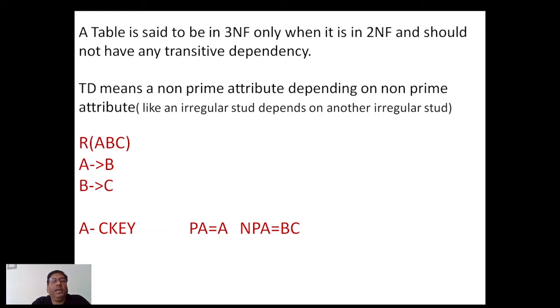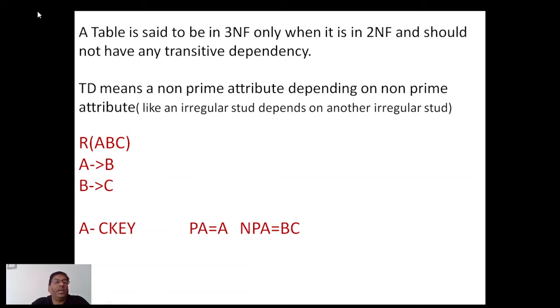It is something like an irregular student in a class depending on another irregular student of the class. If an irregular student depends on another irregular student, there is no option for that student to get what exactly is happening in the class, which is what we call transitive dependency.